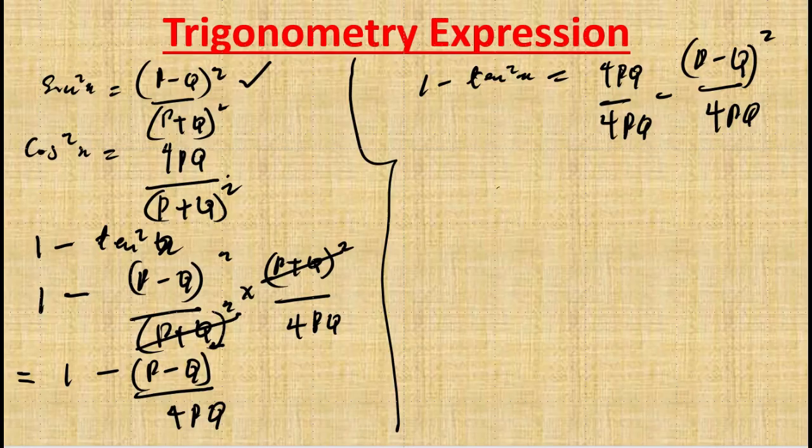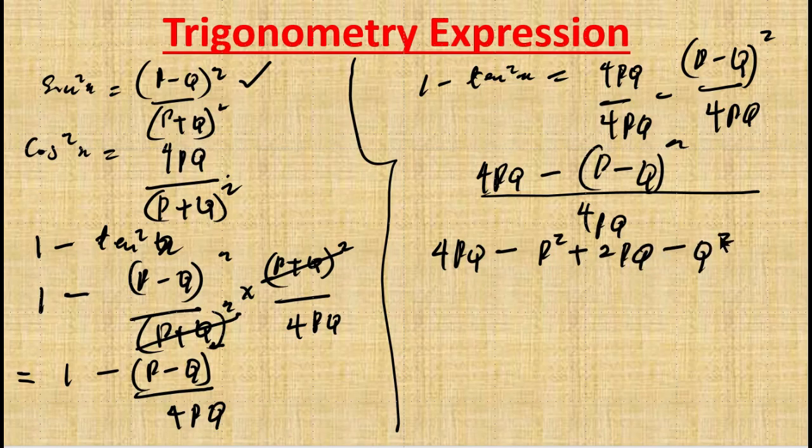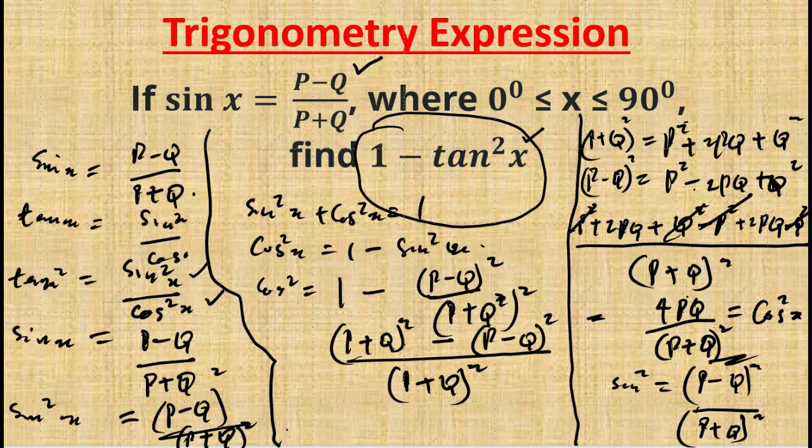So I can take an LCM at this point. 4pq in 4pq is 1 times 4pq, I have that as 4pq again, minus (p minus q) all squared. Now we've taken an expression for (p minus q) all squared, which I can bring in now. This will be 4pq minus (p squared minus 2pq plus q squared). I've opened the expression we took the other time for (p minus q) all squared.